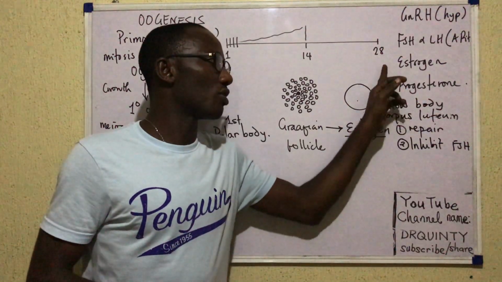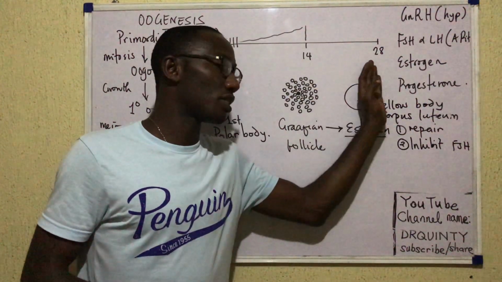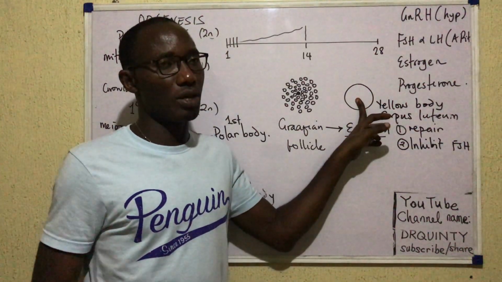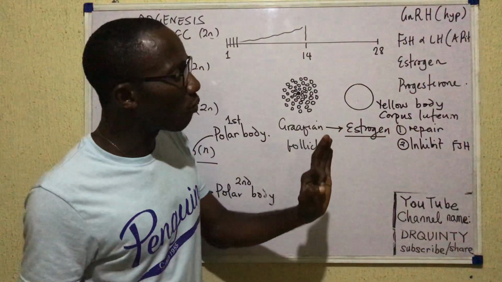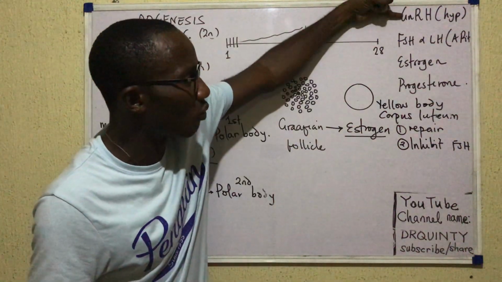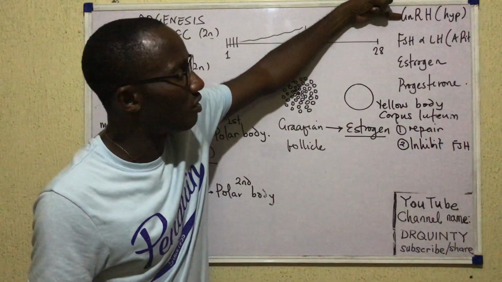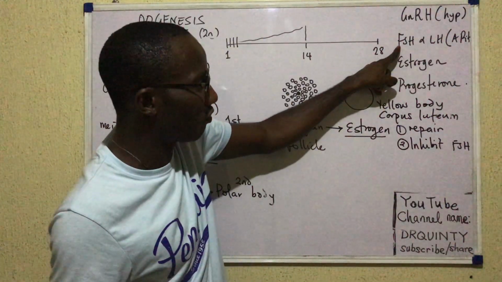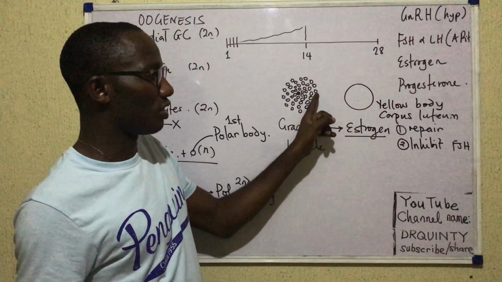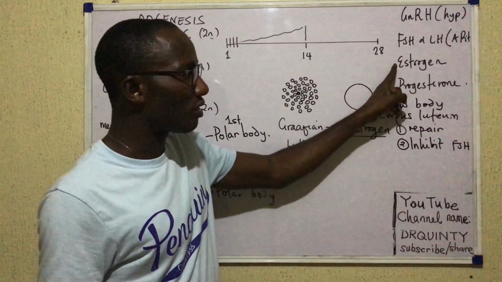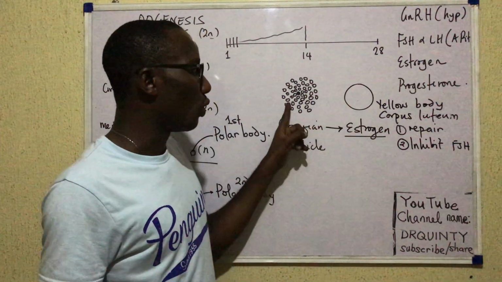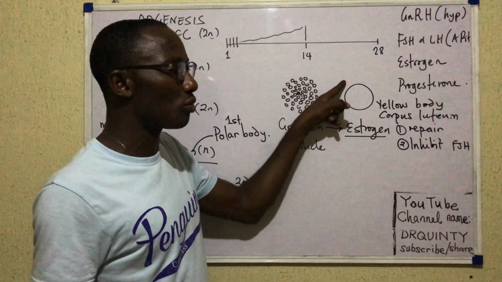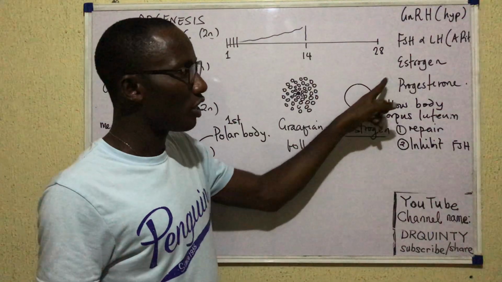So progesterone and estrogen from this point onwards are produced by the corpus luteum. From what we've said so far, we've seen the work of this one, which stimulates the anterior pituitary to produce these two. We've seen the work of this one, development of the Graafian follicle. We've seen the work of LH, ovulation and conversion of the Graafian follicle into a corpus luteum.